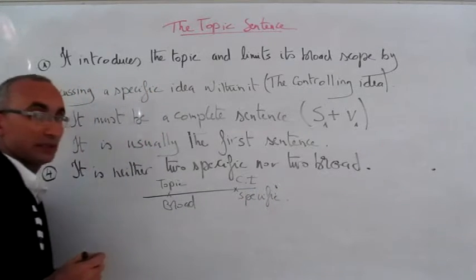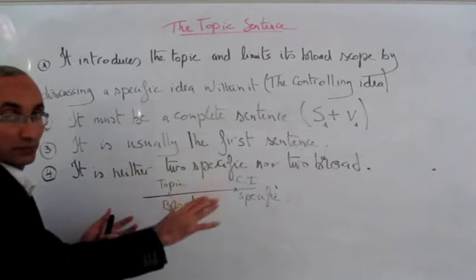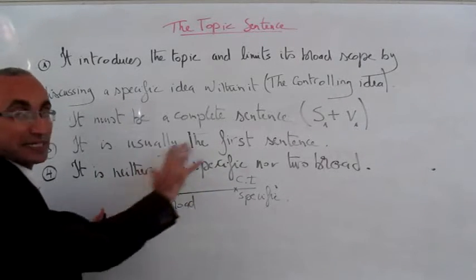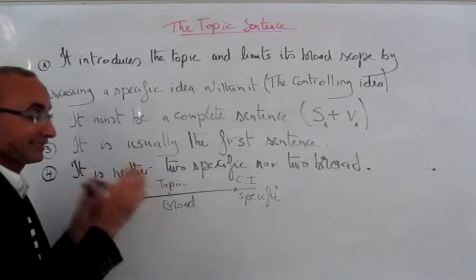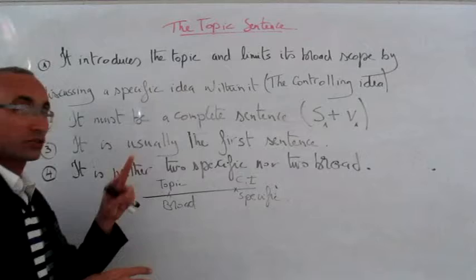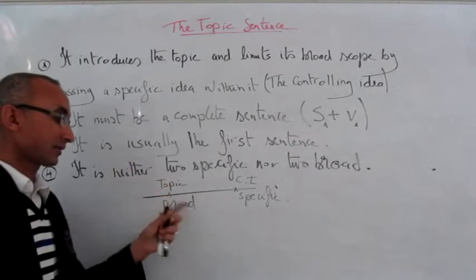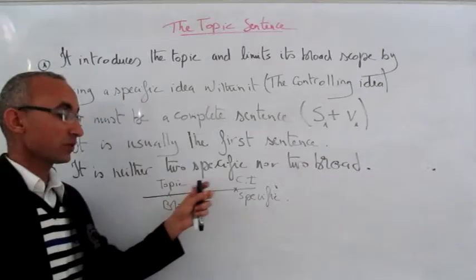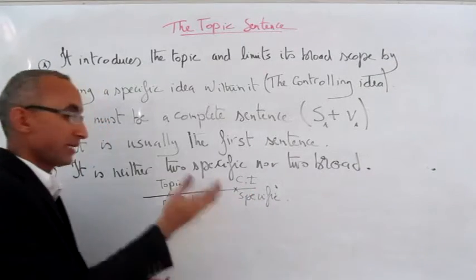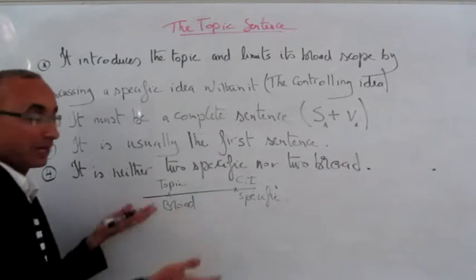Now, if we try to have a comprehensive judgment of the whole sentence, yes, it is neither too broad nor too specific, because it has two sides. One side is too broad and the other is too specific. So here things are weighed up, are balanced.